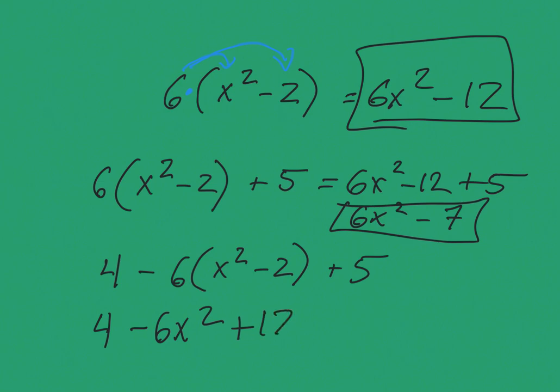Now it's plus 12 because I have that negative 6 times negative 2, then plus 5. And then when you combine all these terms, my final answer is 6x squared, and then I have 4 plus 12 is 16 plus 5 is 21.